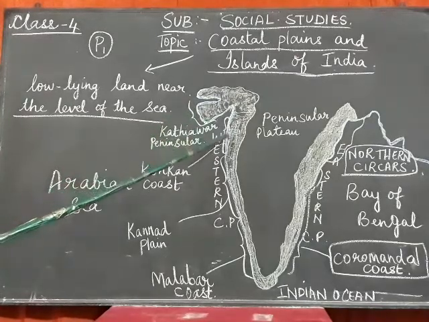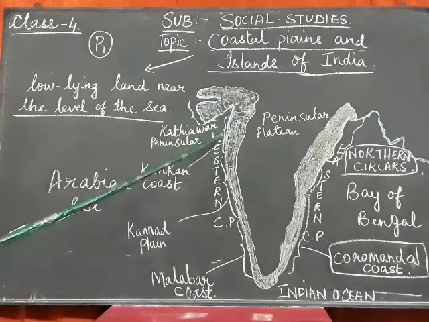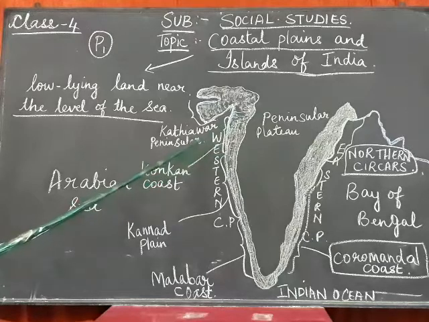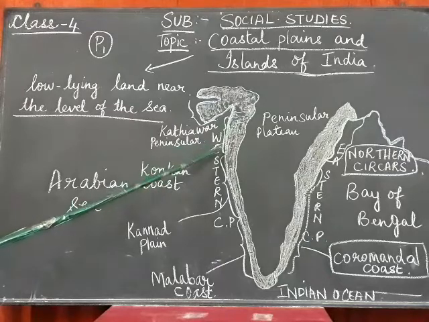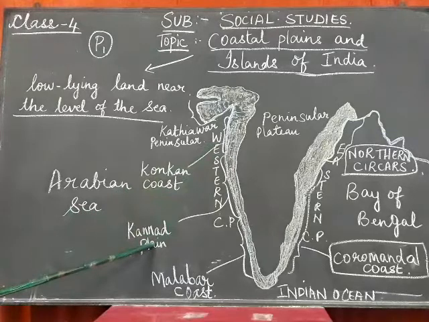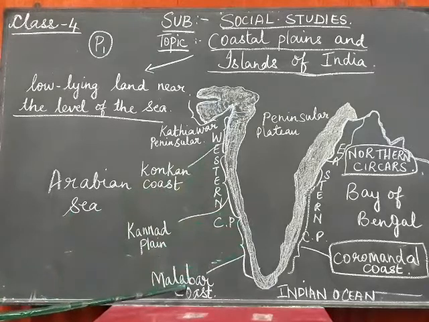Then from the Gujarat coast up to Mumbai, we have the Konkan coast. Then after that, in the middle we have the Kannad plain. Then in the south we have the Malabar coast.